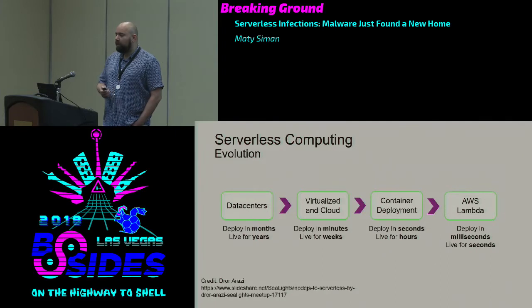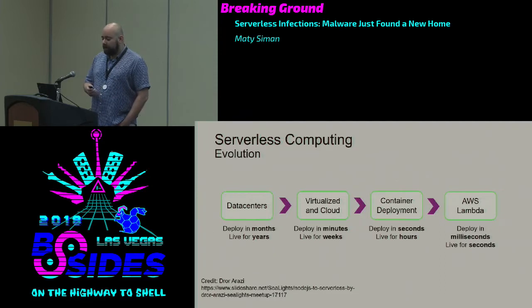It got down to deployment by the second. Sometimes applications ran for a couple of seconds, sometimes hours, but not more than that. And now, in the last stage of the evolution, with serverless, we just deploy in milliseconds. We have not applications, but actual functions that live for between milliseconds and seconds, and this is all we need.